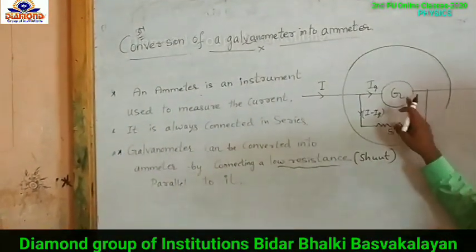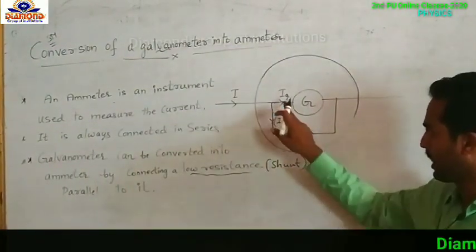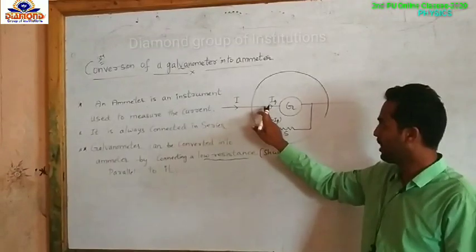And see the diagram here. This is a galvanometer, and the main current is I. I is divided into two parts here.